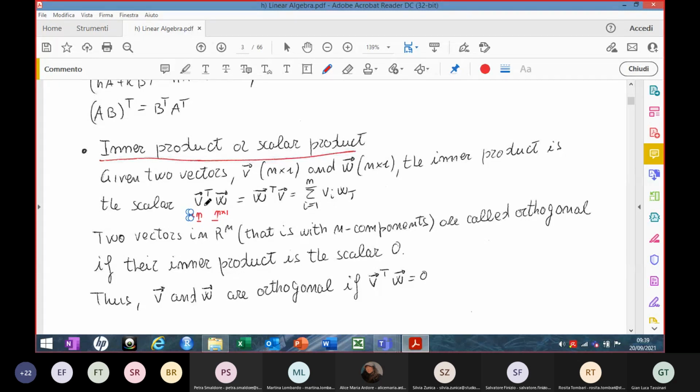This n is the number of rows of W. They are equal, so the product is feasible, and the result is a matrix having as number of rows the number of rows of this one, which was 1, and as columns the number of columns of this one, which is still 1.